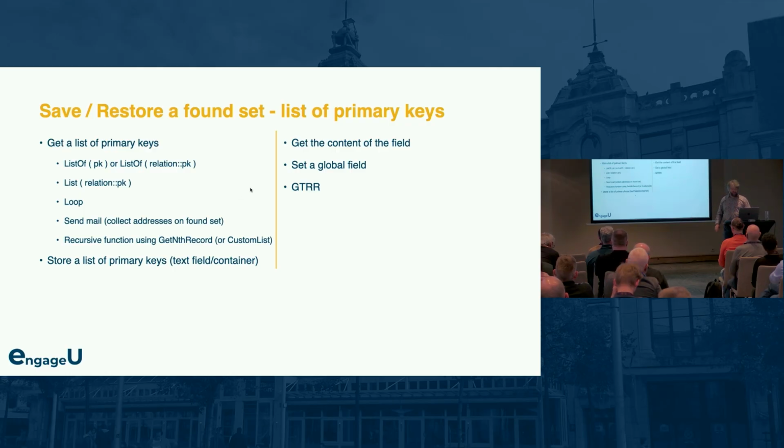And then to restore the found set, what do you need to do? You need to get the content of the field, set a global field on the table, and use GTRR, right? Go to related records. That's very fast because it's working on the index.